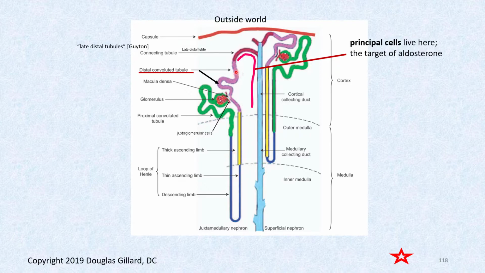But here's the part where the principal cells live. So it's really the last part of the distal convoluted tubule, but they give it a new name. Guyton calls it the late distal tubule, leaves off convoluted. Sometimes it's called connecting tubules. Several physiology authors just call it that. This is where the principal cells live.